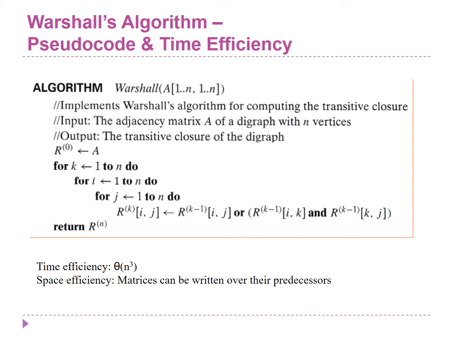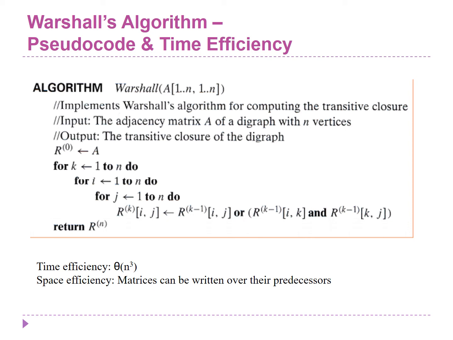Using for loops, Rk of ij is assigned the value R k minus 1 of ij or R k minus 1 of ik and R k minus 1 of kj. The algorithm returns the transitive closure of the digraph.